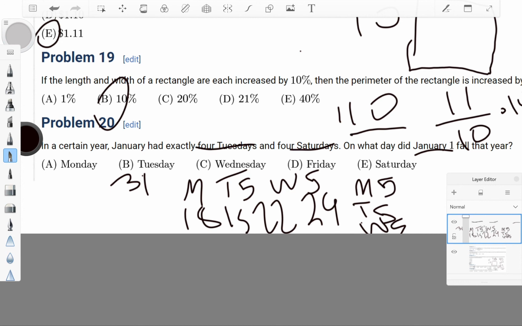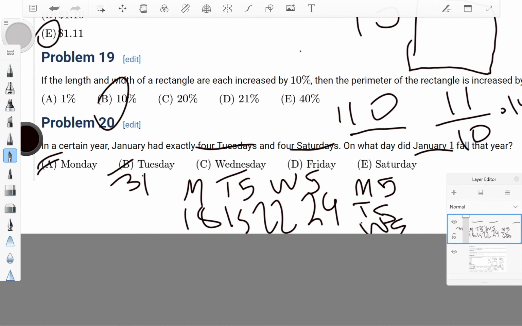And so what we can do here is essentially find which option is more than 3 days away from either Tuesday or Saturday, but it's chronological. So, for example, Monday is more than 3 days from neither, so it can't be Monday. Tuesday, obviously, it cannot be.